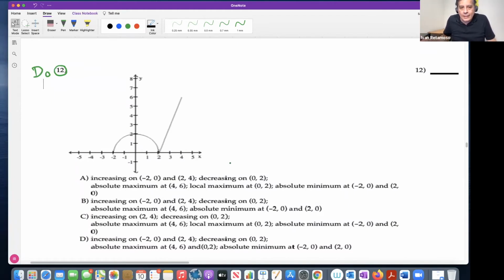And the hint again, walk along the graph, use different colors, right? We could use green for increasing, perhaps. Then red for decreasing, right? You choose a couple of colors. This might help, right? So figure out where it increases, where it decreases, and also where the function has absolute maximum, absolute minimum, and where it has local maximum, local minimum, if possible, right? If possible, so figure that out.